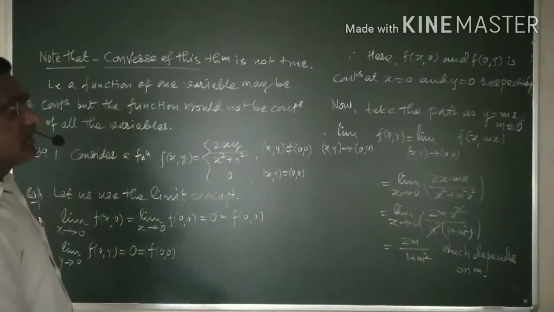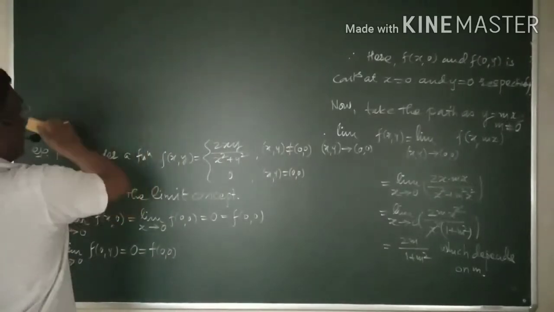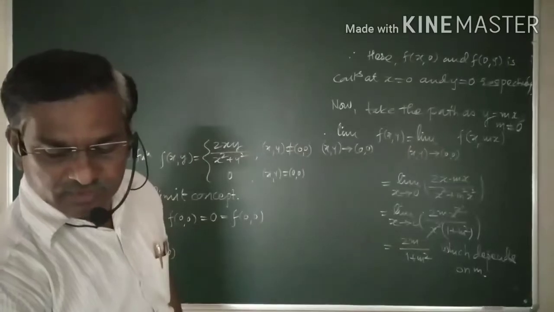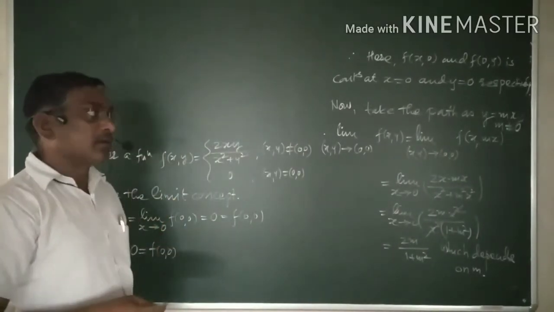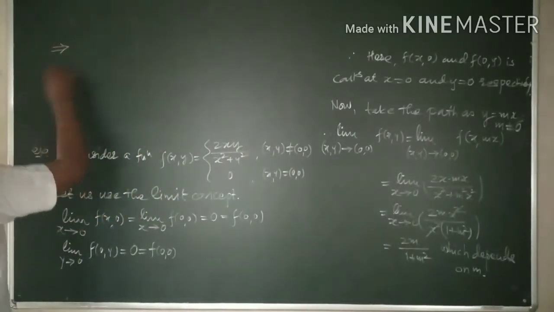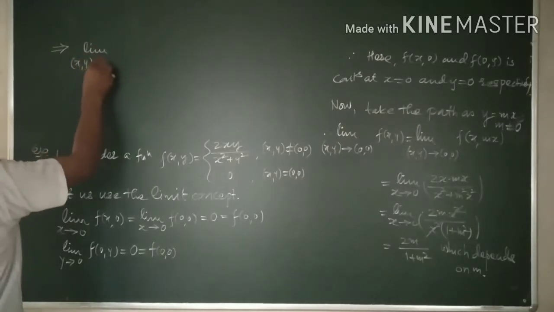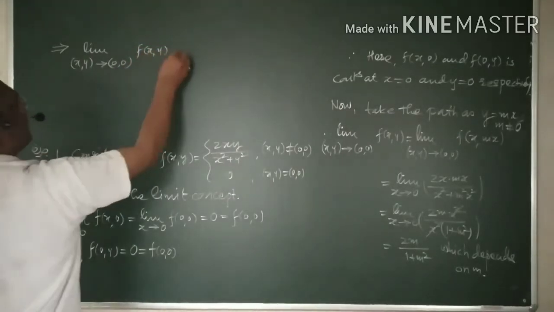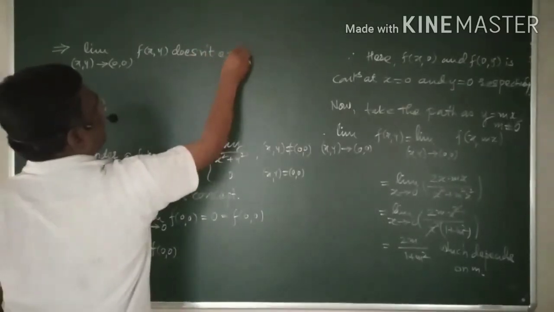And hence, if the limit does not exist, then by the definition of continuity, definition number 1 of continuity of a function, that function is not continuous. And therefore, this implies the limit as (x, y) tends to (0, 0) of f of (x, y) does not exist.